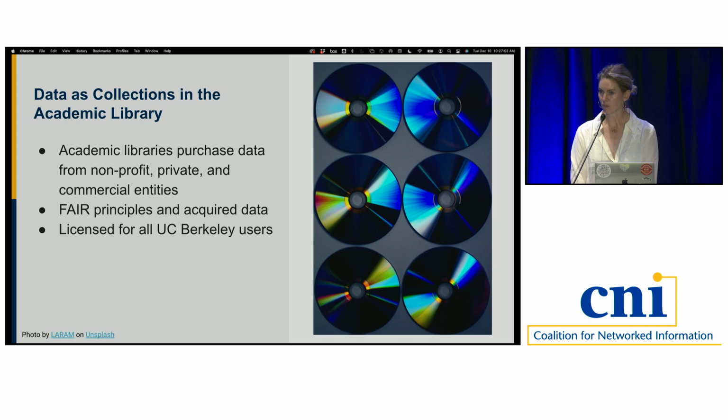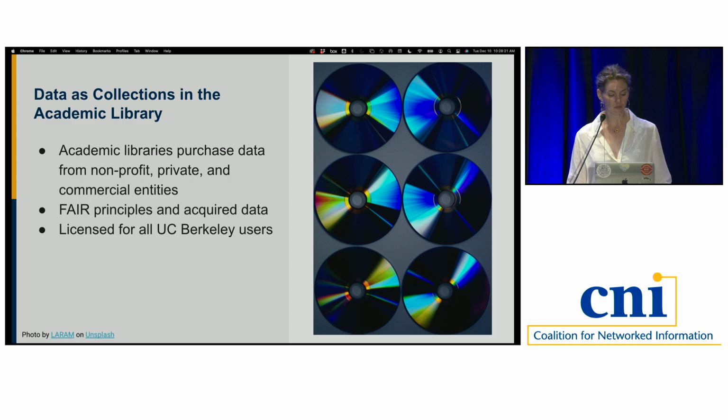And this presents us with a bit of a square peg in a round hole scenario in which the process of acquisition through to discovery is sort of just good enough. So at the UC Berkeley Library, we began purchasing data in earnest, I would say maybe about 15 years ago. And we've been iterating on how it's been managed and how we've been working through that process ever since.